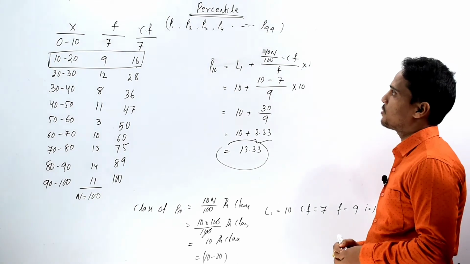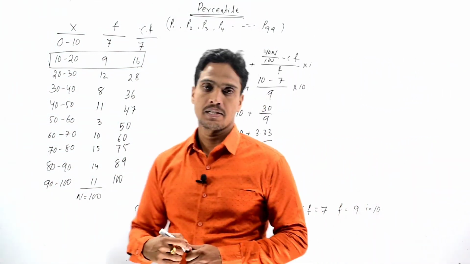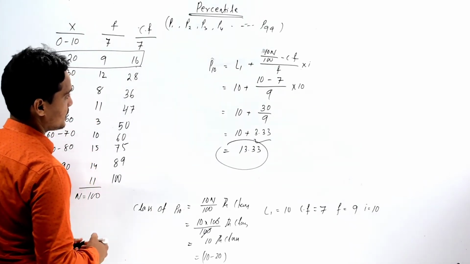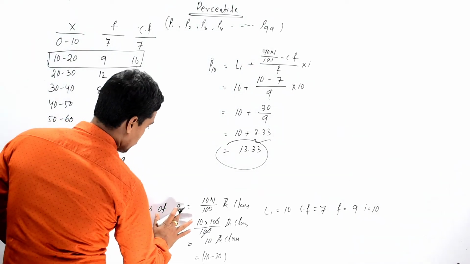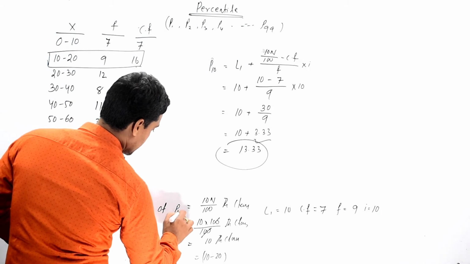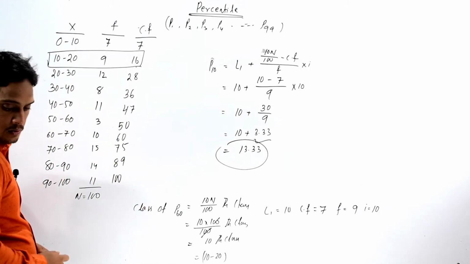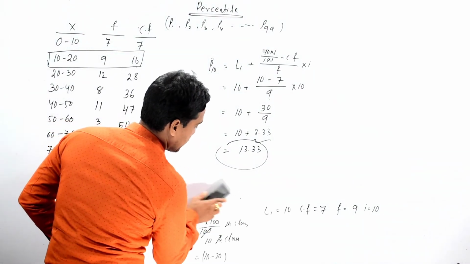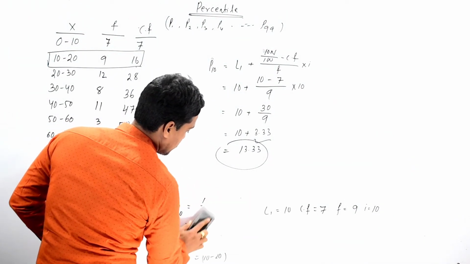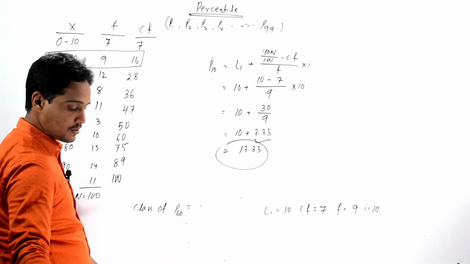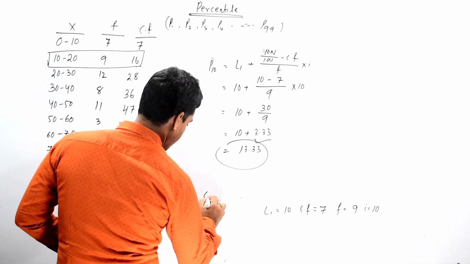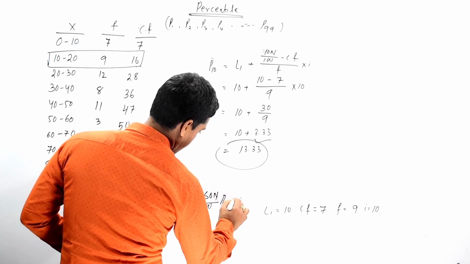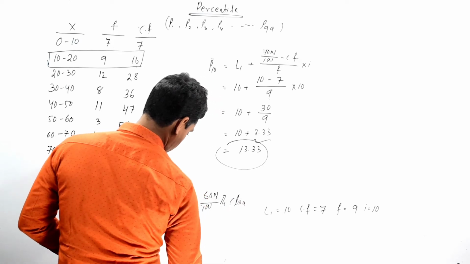Suppose we should compute percentile 60. Before computing it, first of all we should find the class of percentile 60 by applying the rule 60n divided by 100.